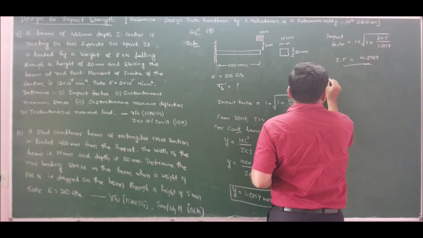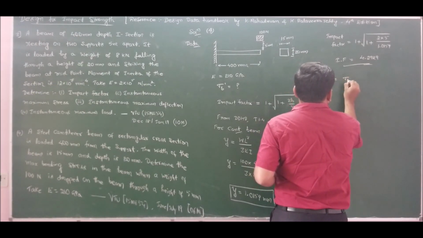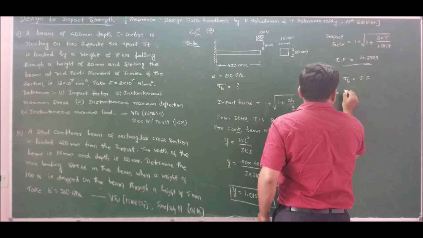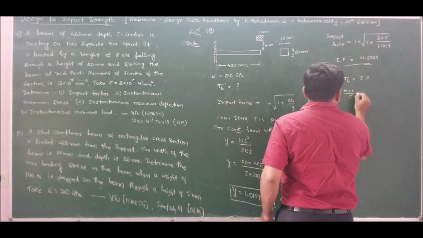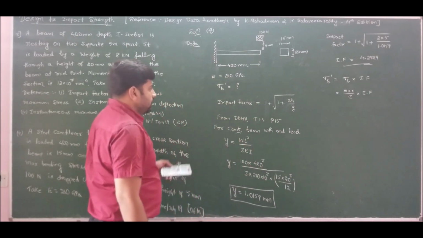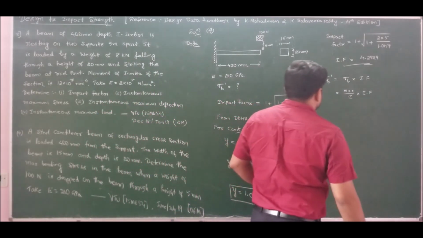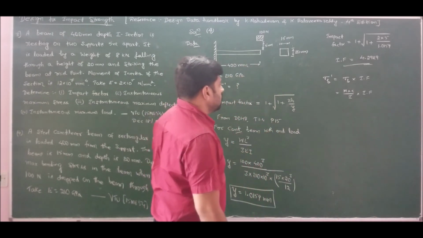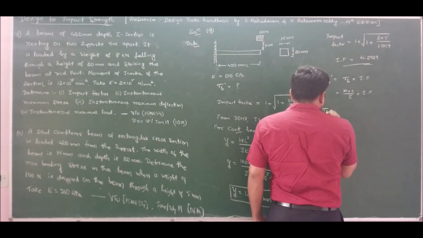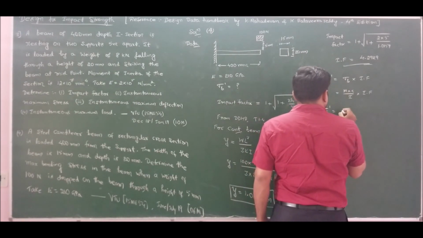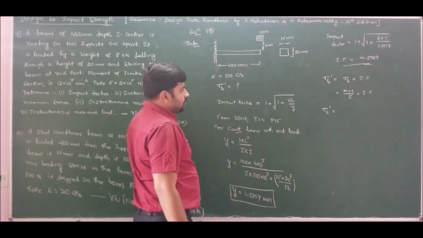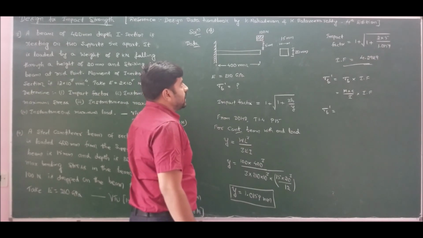We know that instantaneous maximum bending stress is equal to static bending stress into impact factor, where static bending stress is given by M into c by I. Now the value of M for cantilever beam with end load is F into L. So therefore, sigma B dash, bending moment is F into L for cantilever beam, referring to same table number 1.4 of page number 15 present in our design data handbook written by K. Mahadevan and Balaveera Reddy.